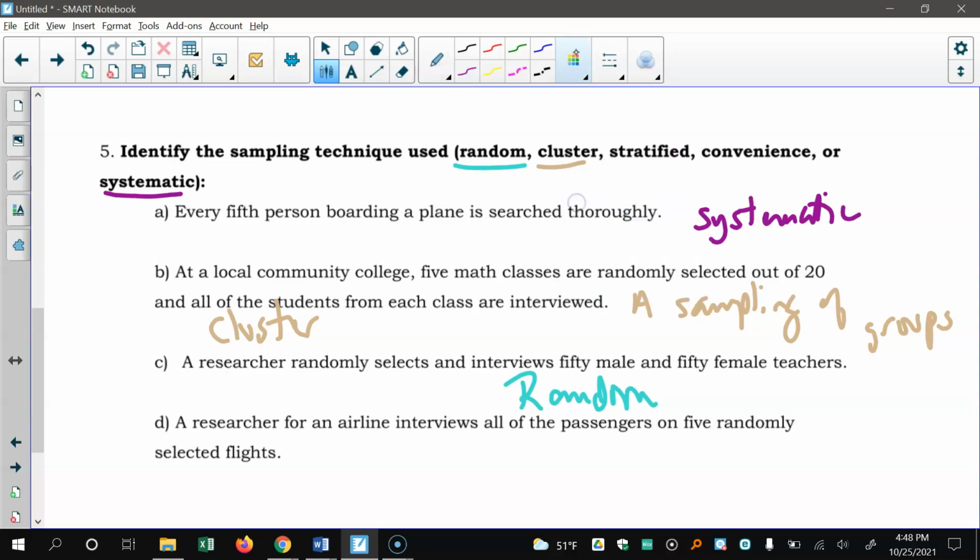I would go with convenience, as all of these people were conveniently located for this researcher to administer this interview. And all the passengers on 5 randomly selected flights sounds like cluster again, because they took all of the passengers from all the selected flights. So this is definitely going to be cluster.